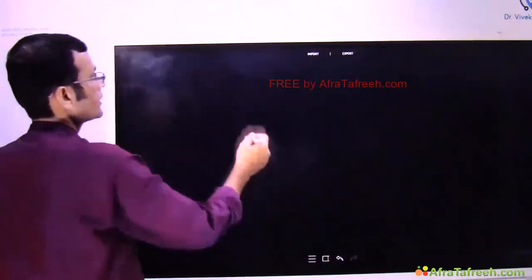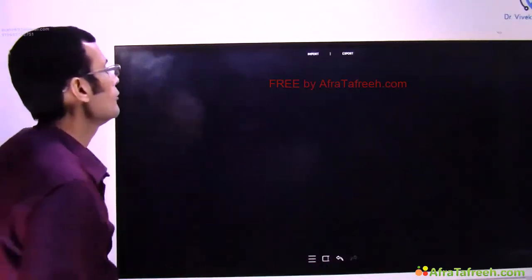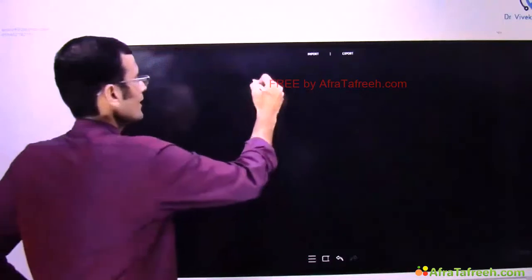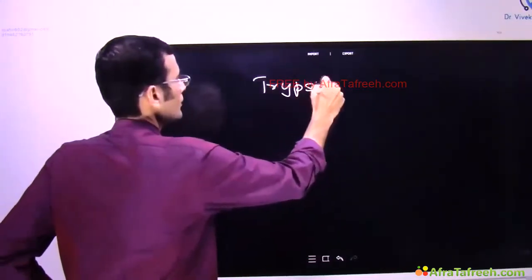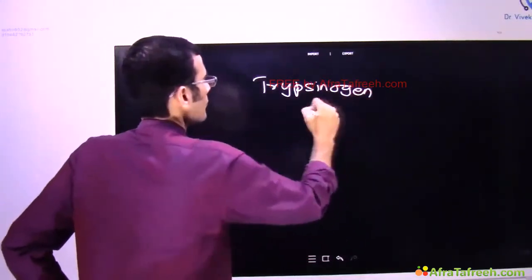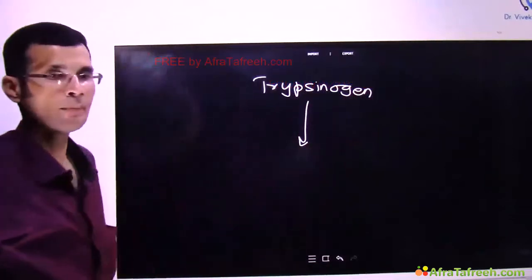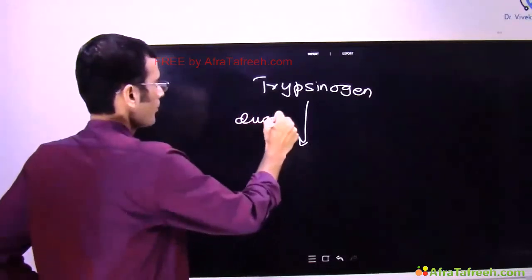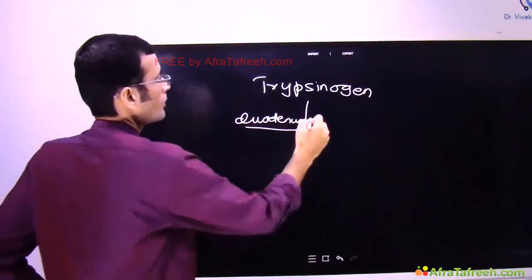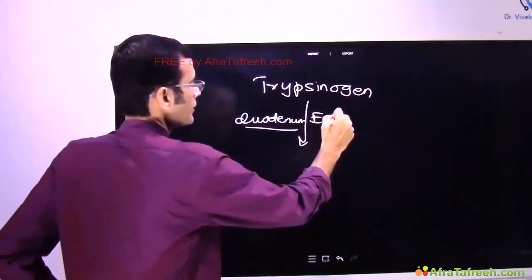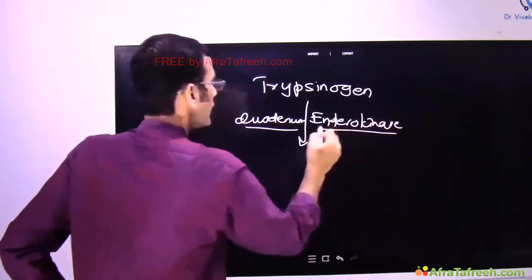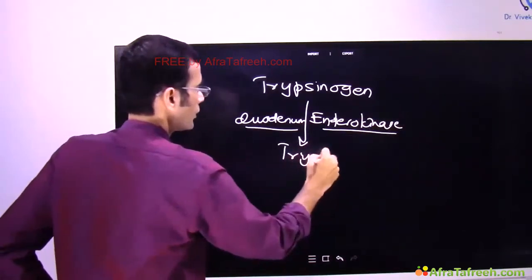Let us see some of the enzymes. All the enzymes in the pancreatic juice, barring phospholipase, are in inactive precursor form. The first enzyme to be activated is trypsin. Trypsinogen is secreted by the pancreas. When it comes into the duodenum, there is another enzyme secreted by the duodenum, enterokinase, which converts trypsinogen to trypsin.